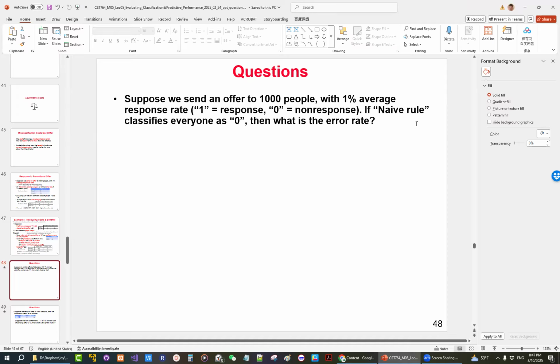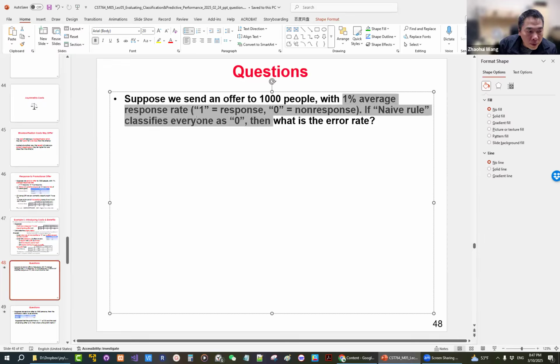Wouldn't it be 0 if everybody's classified as a 0? With the naive rule, we treat every case as 0, which means nobody responds. So the error is every actual response. That means among 1,000 people, 10 people will respond, so 10 responses will be the error. There will be 0 responses based on the naive rule.